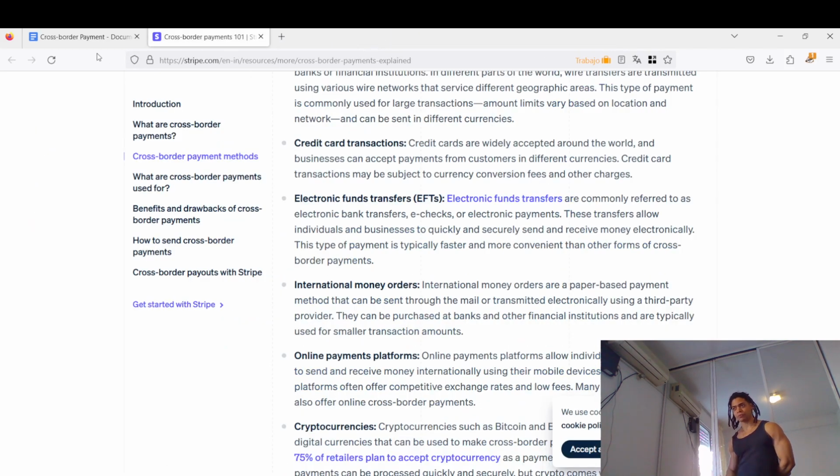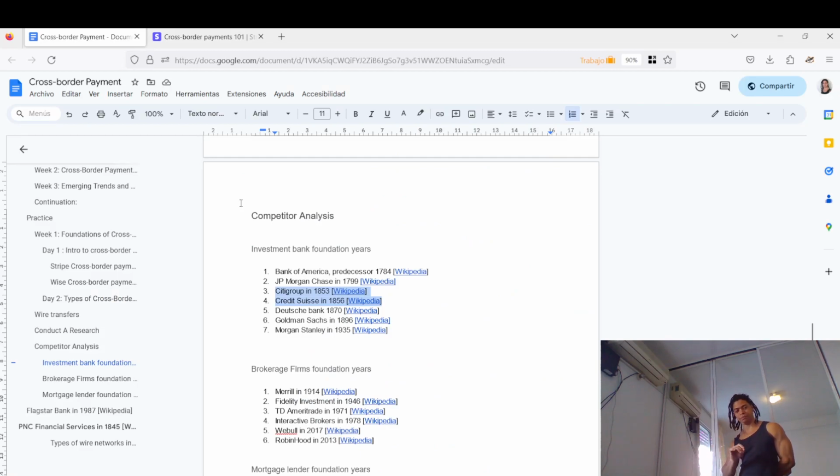In those years, when Credit Suisse was founded, as well as Citigroup, Citigroup was founded in 1853, and three years later, Credit Suisse. Okay, Deutsche Bank founded in 1870, as well as Morgan Stanley, founded in 1935.